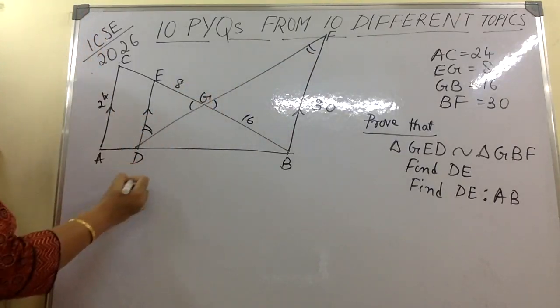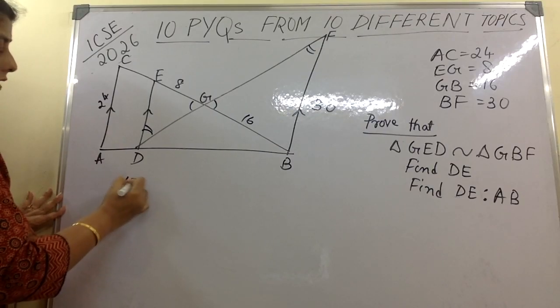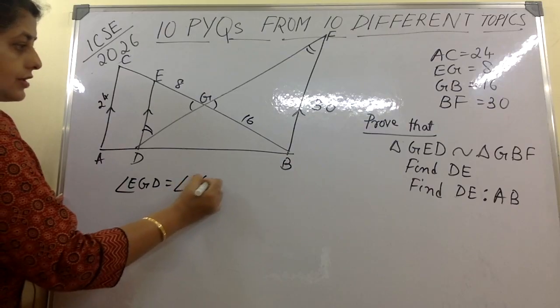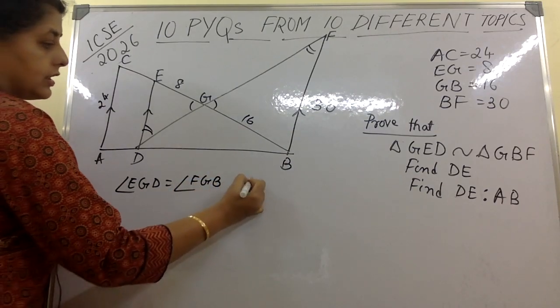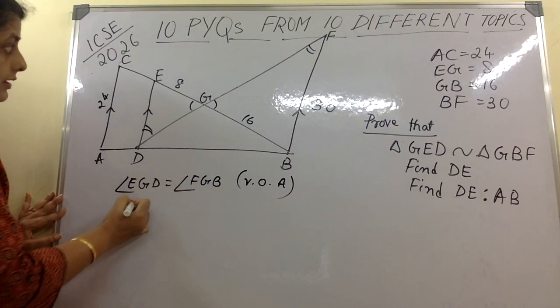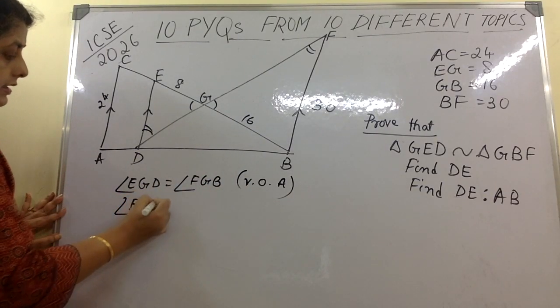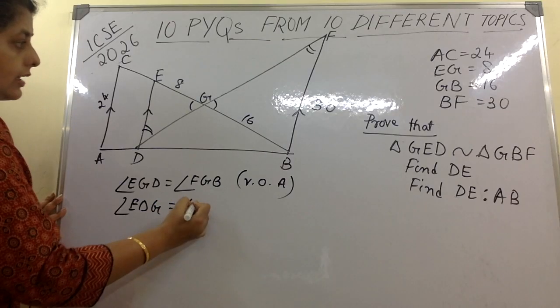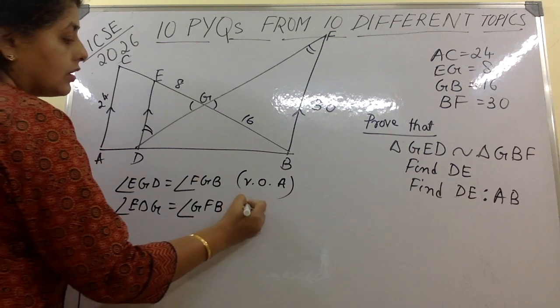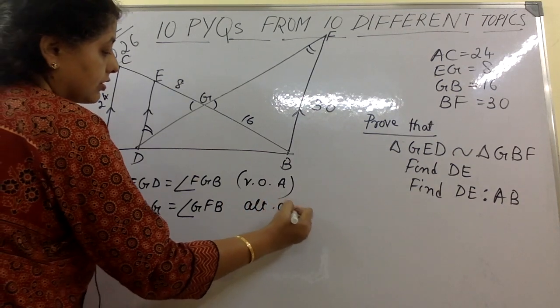How do we write? Angle EGD is equal to angle FGB, vertically opposite angle. And then angle EDG is equal to angle GFB, that is again alternate angles because of parallel lines.